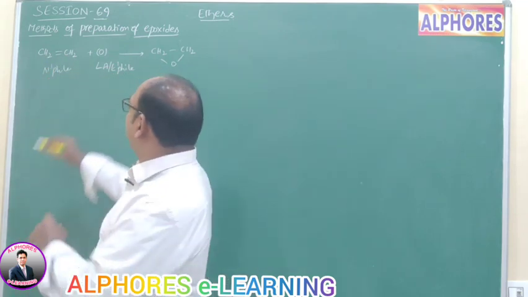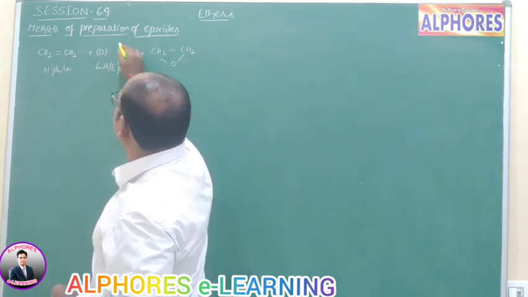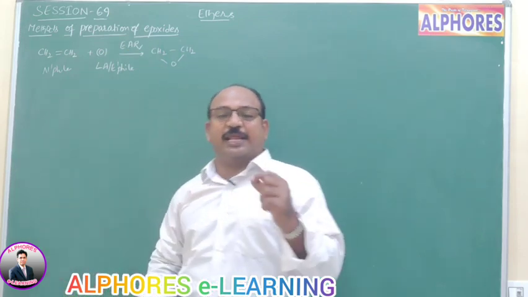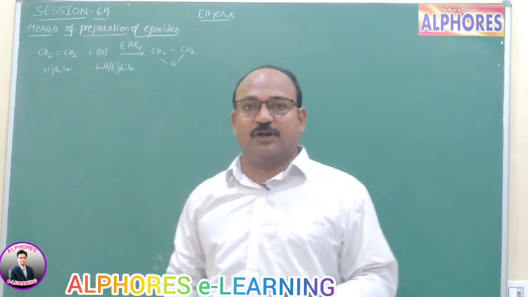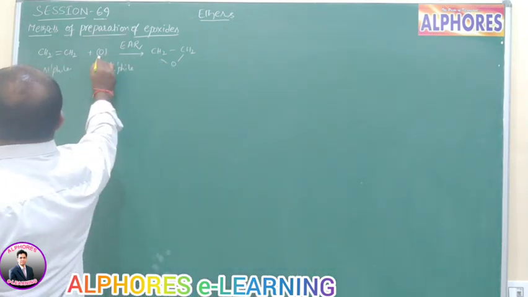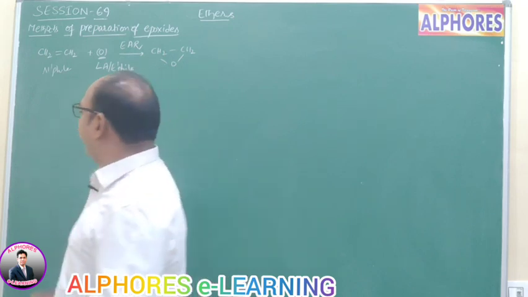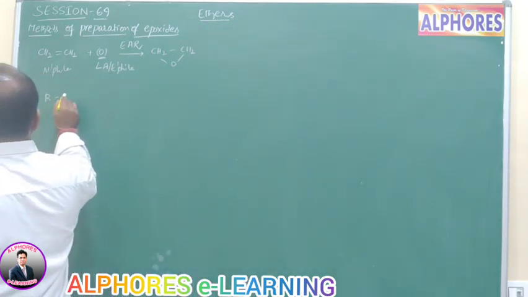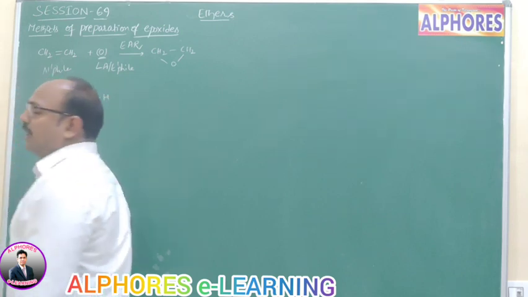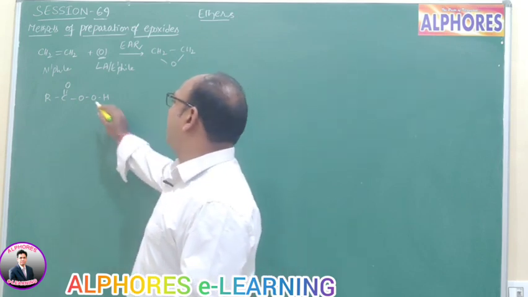So this is an electrophilic addition reaction, where the electrophile is nascent oxygen. Generally, peracids produce nascent oxygen: C double bond O, OOH. These are peracids.